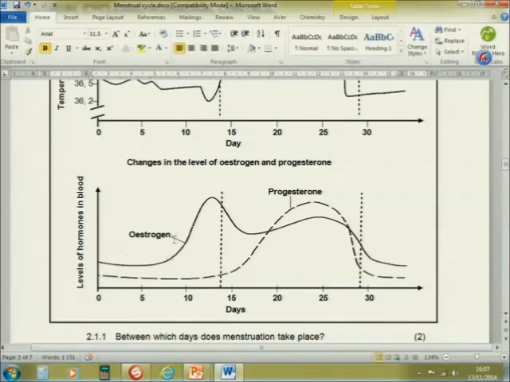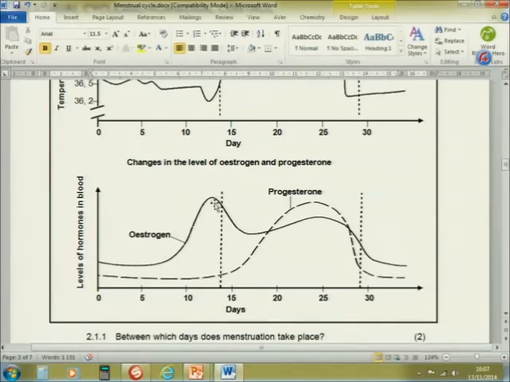You can see the level of estrogen is normal from day 0 up to day 10. After day 10, it starts to increase, almost up until day 14, where it starts to decrease.